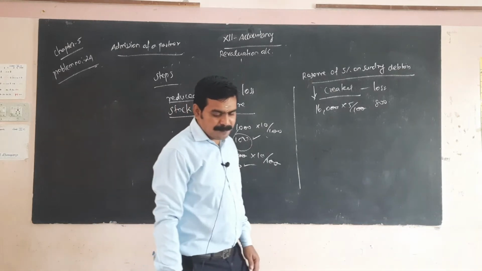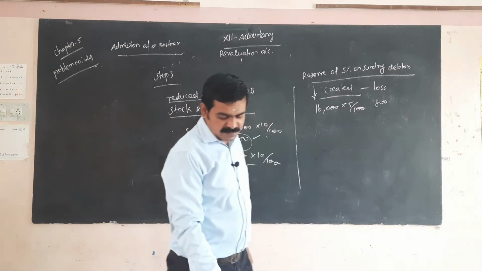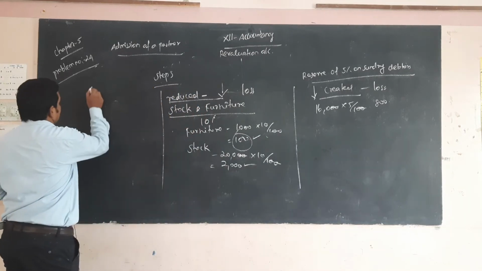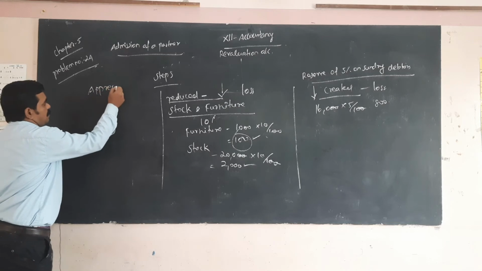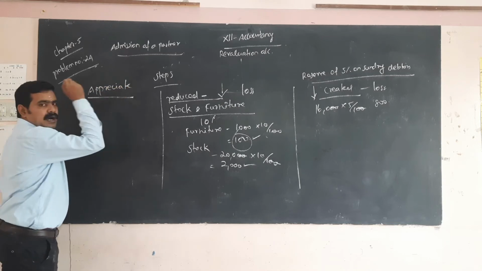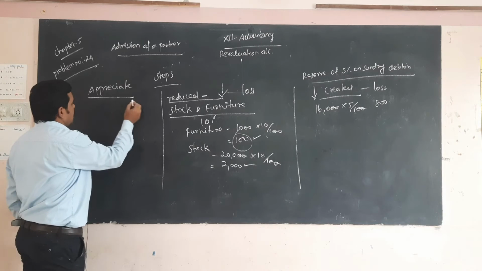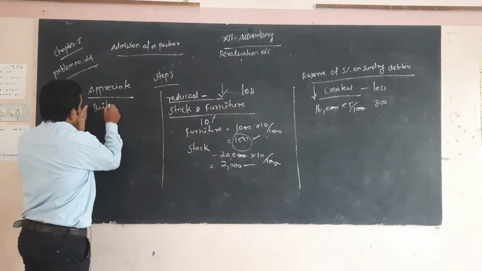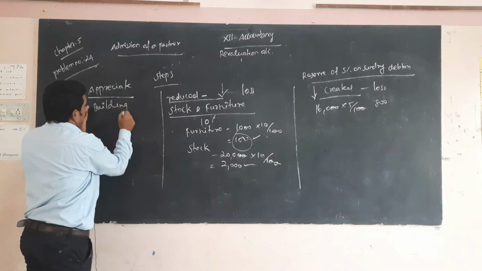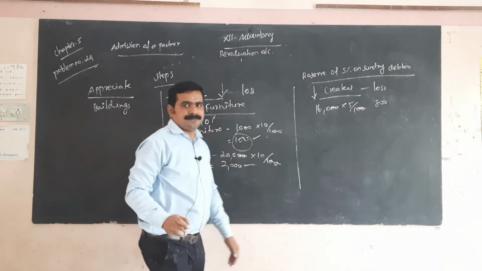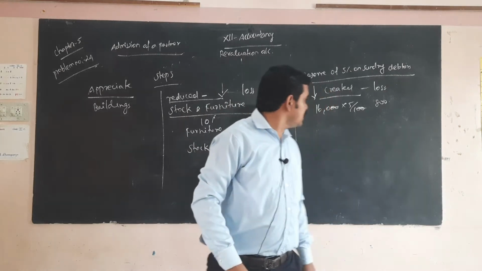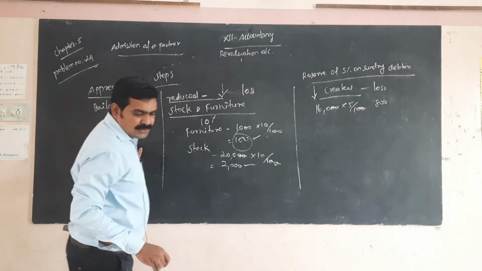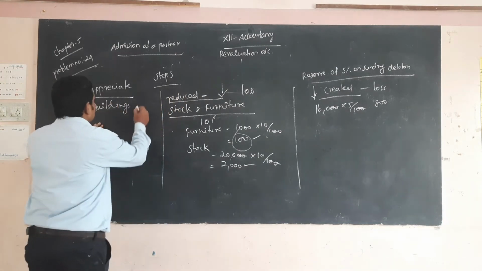The last one, appreciate building 20%. Appreciate means an increase, that is profit. What is the actual value? Building amount is 25,000.